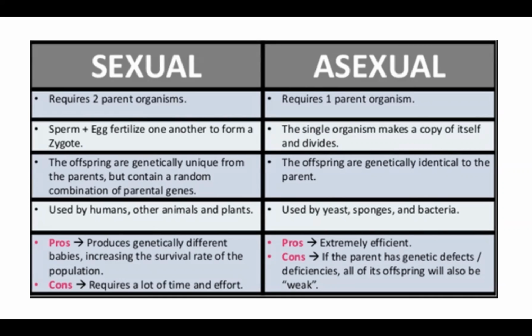It's like cloning. Whatever genetic material is there, whatever mutations or deficiencies, will be passed down to the offspring. That is an important point to note. Those are some of the advantages and disadvantages of these types of reproduction.